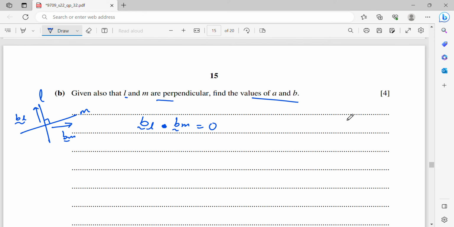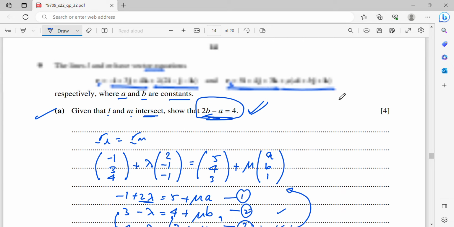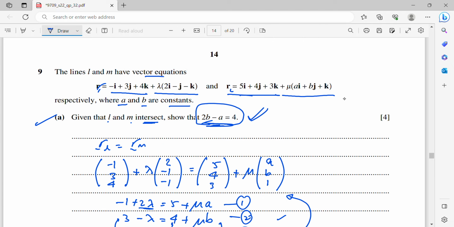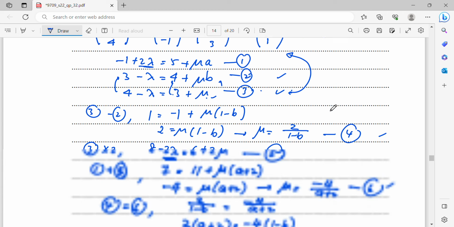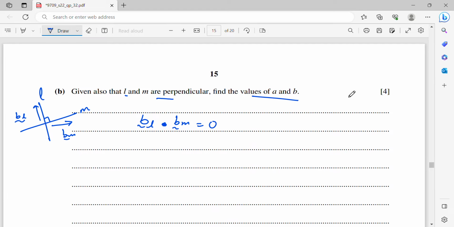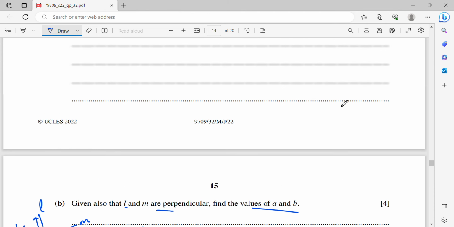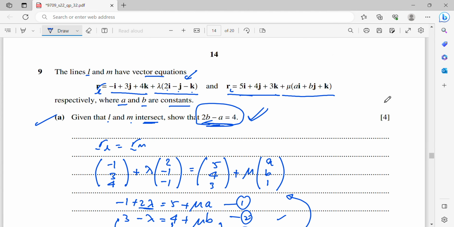So now what is the bL? You refer back. This is the L, right? b is this. So 2i minus j minus k means 2, 1, 1 dot direction vector of the line M, it will be a, b, 1.